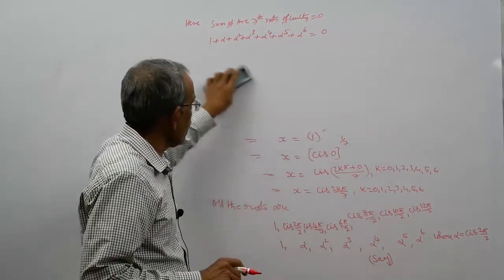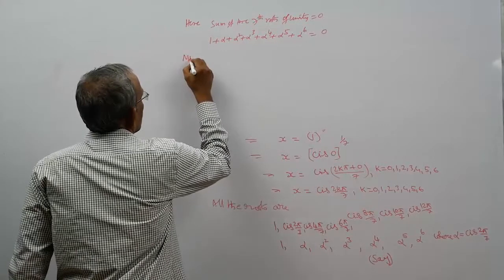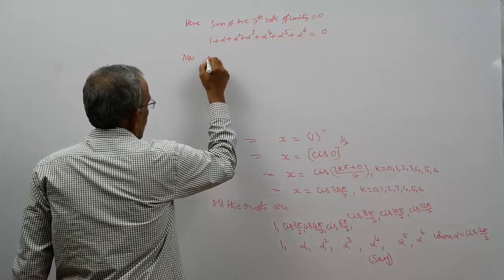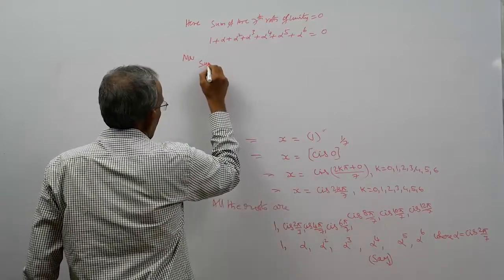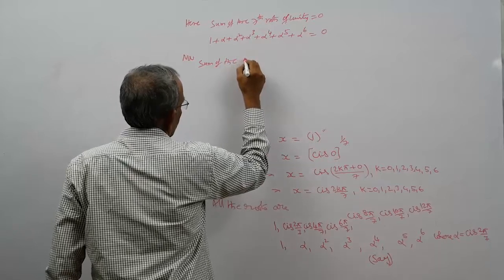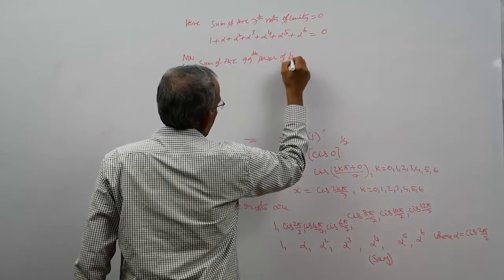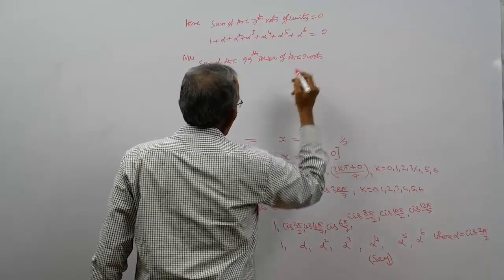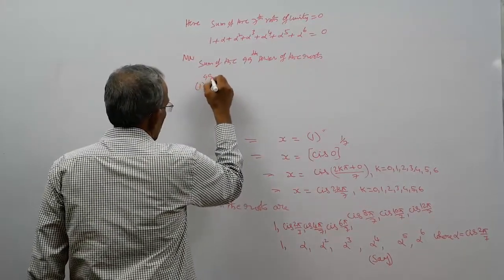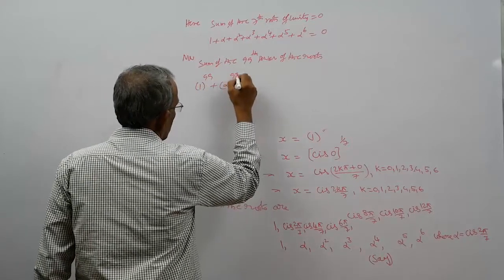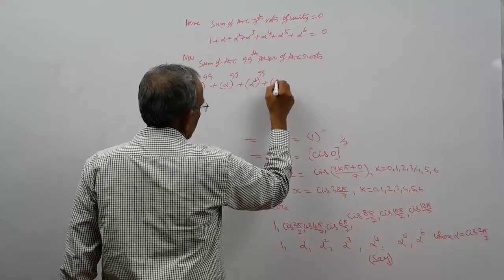మనం ప్రూవ్ చేయాల్సింది ఏంటి? Sum of the 99th powers of the roots of the equation. Now, 1 to the power of 99, sum of the 99th power of the roots, that is equal to 1 to the power of 99, alpha to the power of 99, alpha square whole to the power of 99.